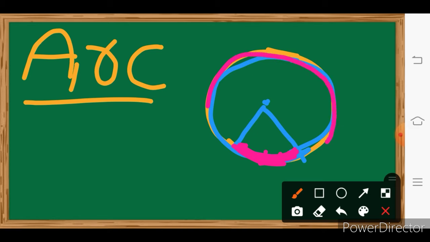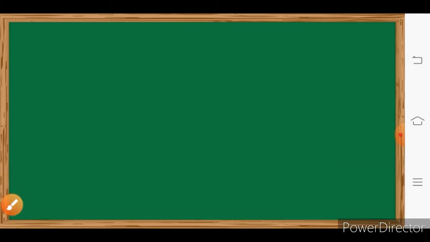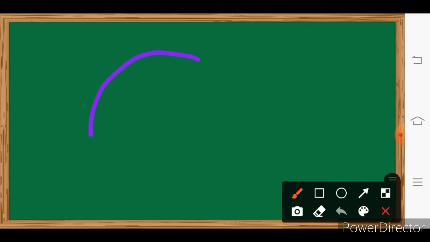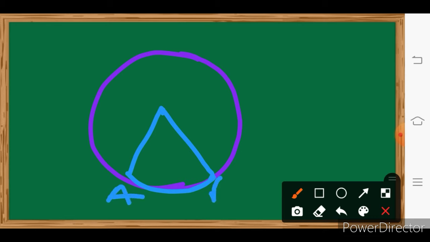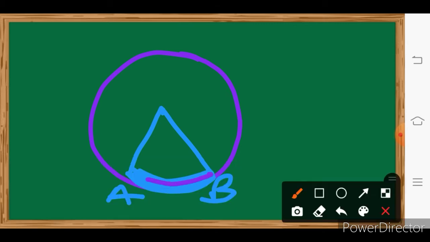If we take this part, this is called an arc. Here, this is called arc AB. This part is called an arc.